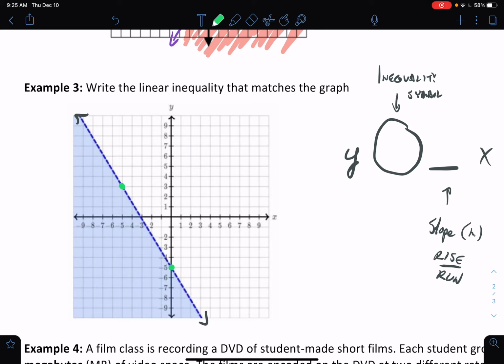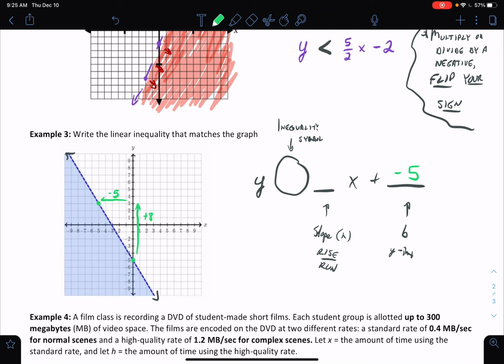Now I'm going to count. I'm going to go up 1, 2, 3, 4, 5, 6, 7, 8. Up 8 to the left, 1, 2, 3, 4, 5. To the left 5. So I'm going up 8 to the left 5. So my slope is -8/5.